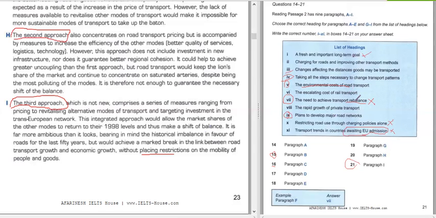Whatever answer you have, the escalating cost of rail transport, it's not talking about that. Even fifth, tenth and second won't be the one because they're already correct. Fifth, second, and tenth, which I already marked. Now we have the option, the rapid growth of private transport.